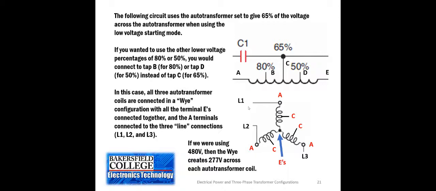So when you have voltage applied to L1, L2, and L3, then that 480 volts actually divides across the coils at 277 volts across the coils. So what you're actually doing is taking not 65% of 480 volts. You're actually taking 65% of 277 volts.